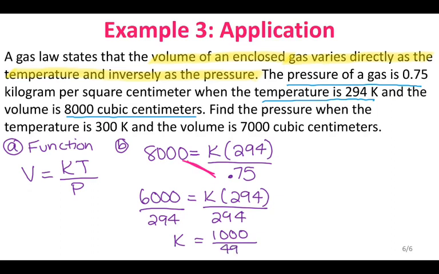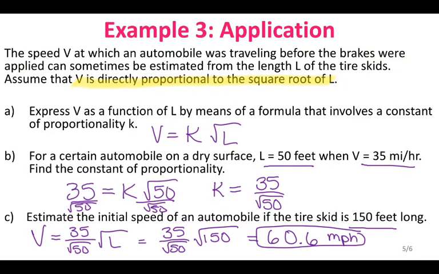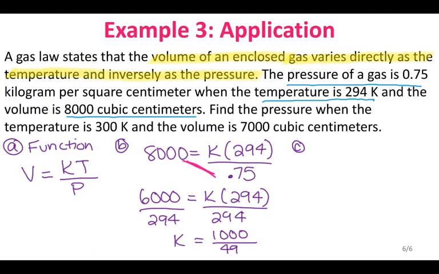Okay, now part C. So if I go back to this, part C was to actually solve a problem. So you're using the equation and your constant of proportionality to actually solve for something. So for part C, I'm going to rewrite my equation, except for K, I'm going to replace it with that 1,000 over 49.